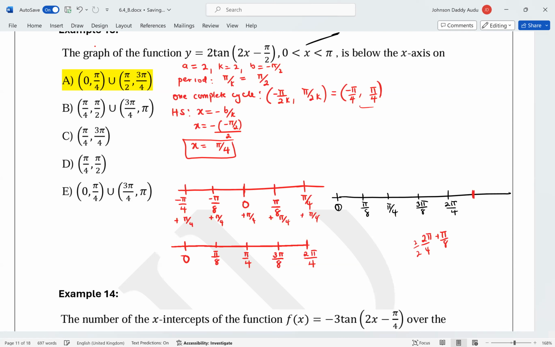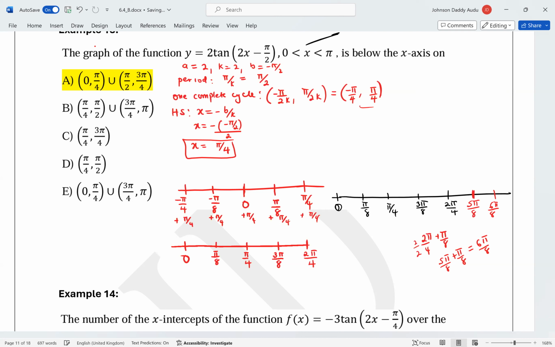So you have 4 pi, then you add pi, so you have 5 pi over 8, right? Then you add another pi over 8. This is going to give you 6 pi over 8. So here is going to be 6 pi over 8, right?